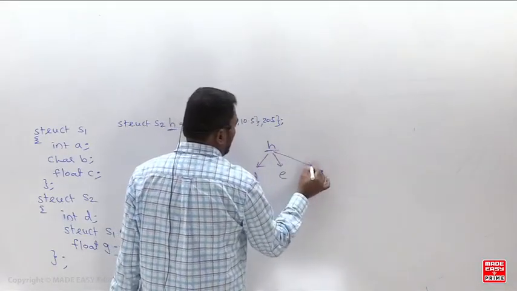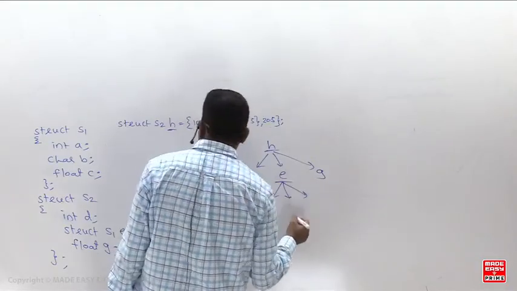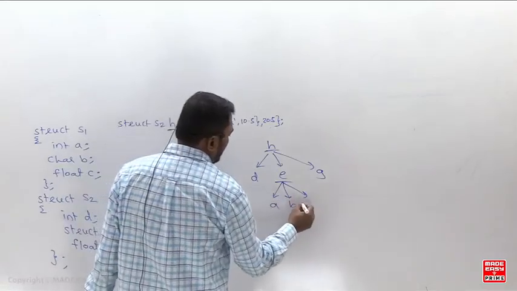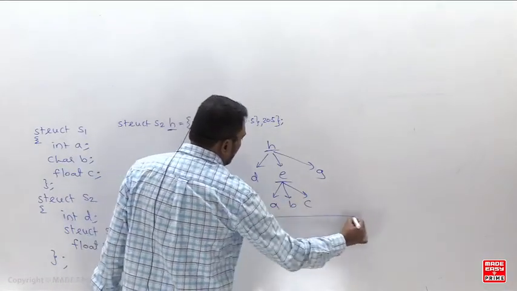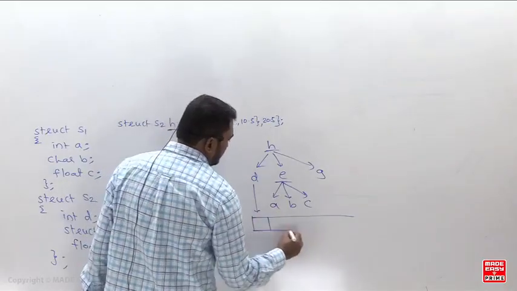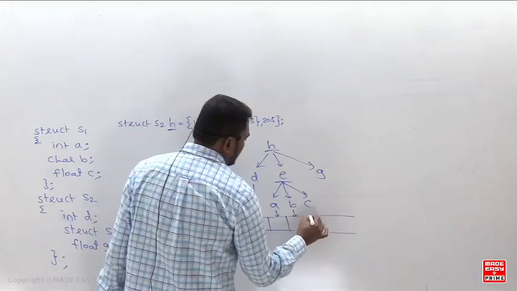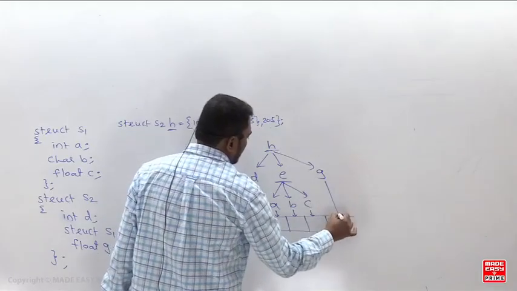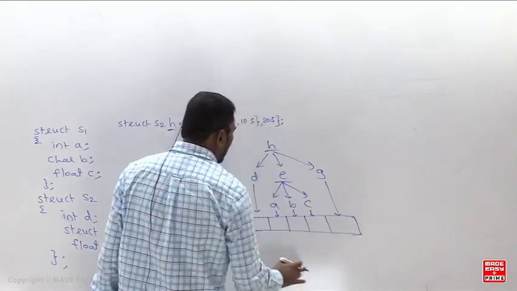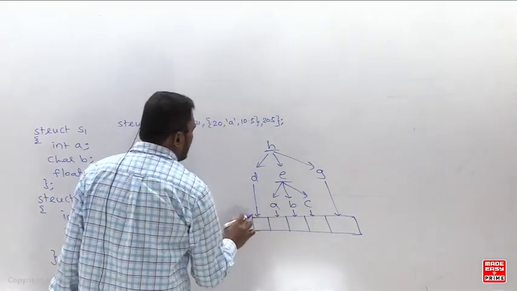So just copy this, and your E is again further having three things: A, B, C. Now look at here. So how will the data be stored? This is how the data will be stored exactly in the same manner.